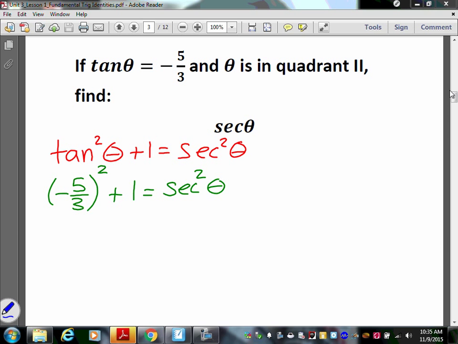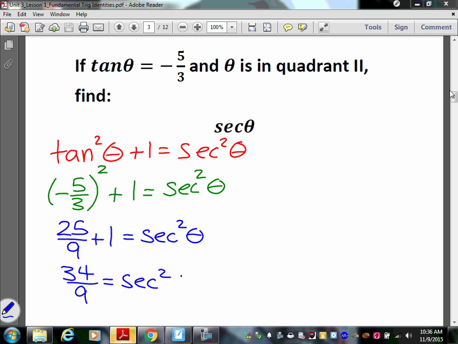So we'll just clean up the left side. Okay, so first of all, each of these gets squared.